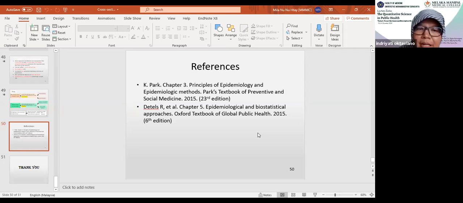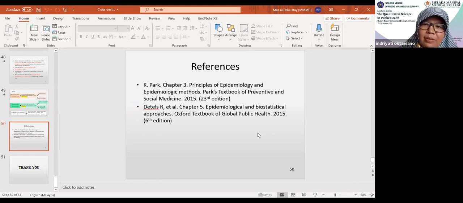Okay, thank you, Dr. Mila. So besides doing randomized sampling, we can manage the bias with analytical statistics on the data we collect, where we still find bias.